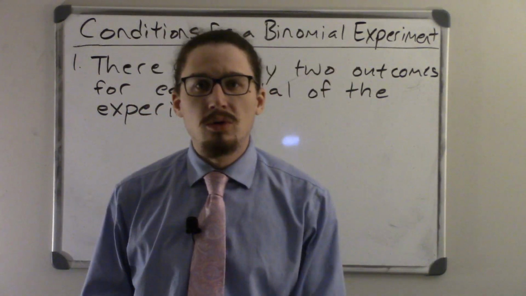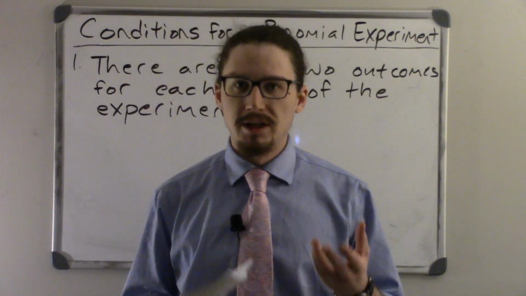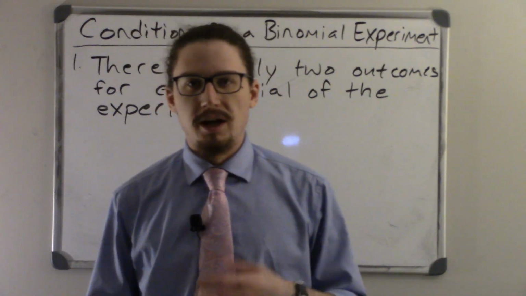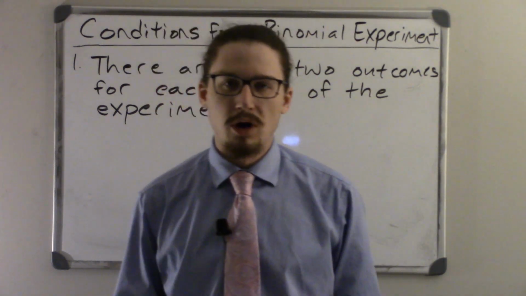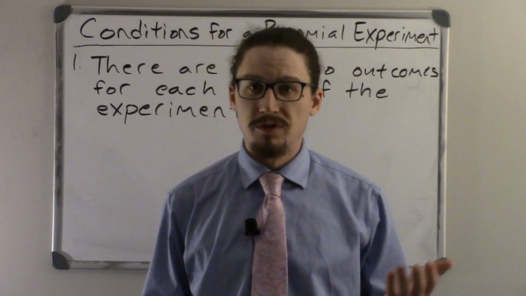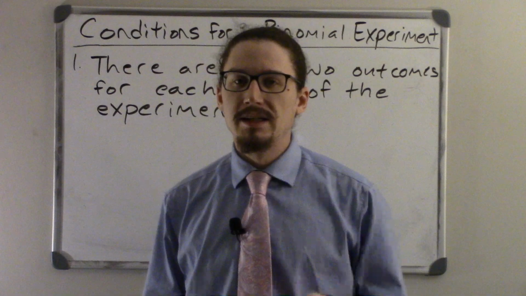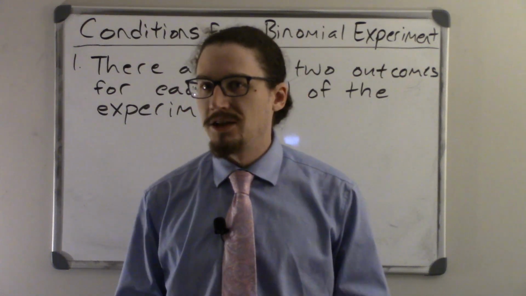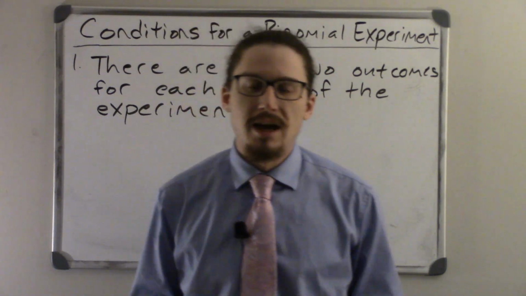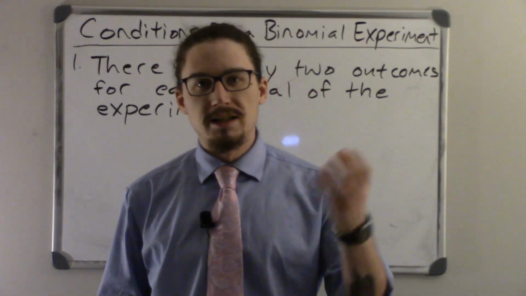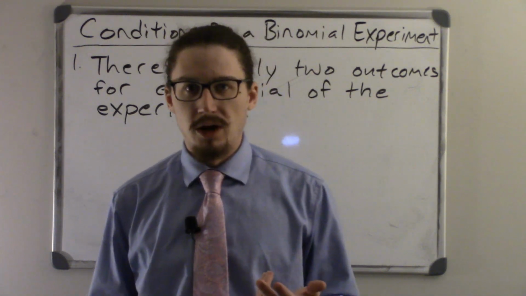But we don't have to limit ourselves just to things that naturally give us only two options. To still keep it simple, but make it a little bit more complicated than just flipping a coin, let's say we were rolling a six-sided die. Well, that doesn't naturally have only two outcomes. It has six outcomes. But we could define a success and a failure in such a way that we only have two outcomes.